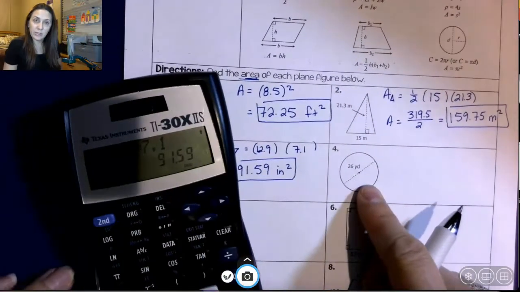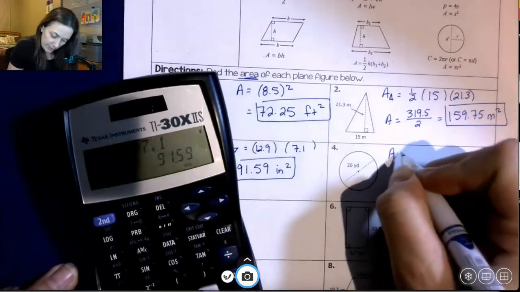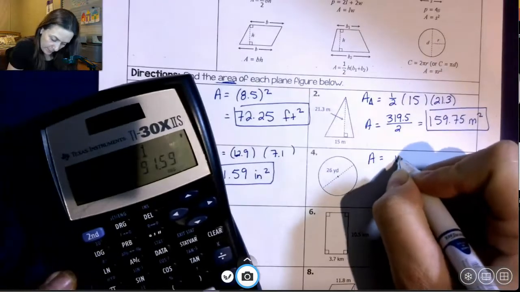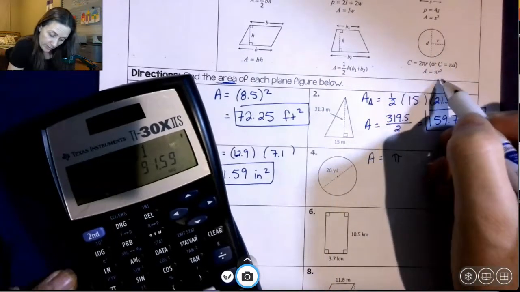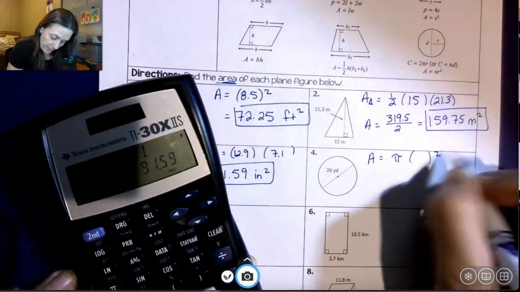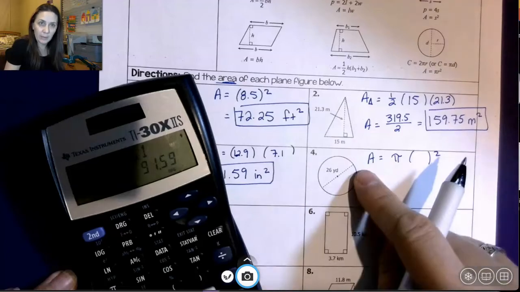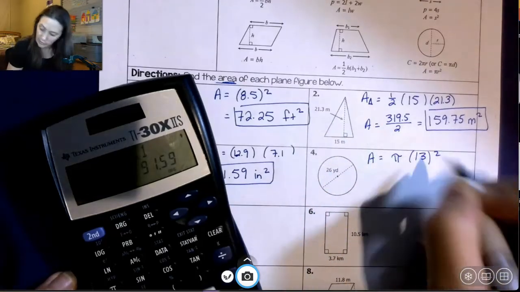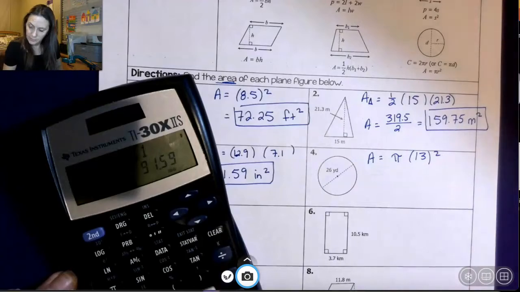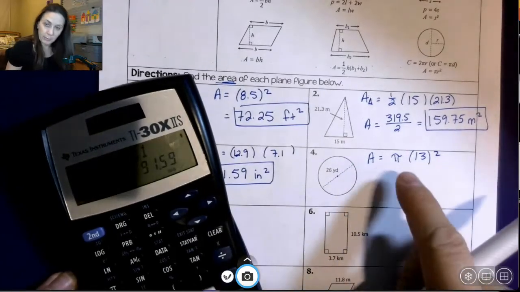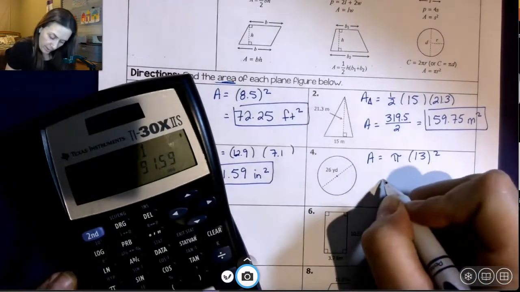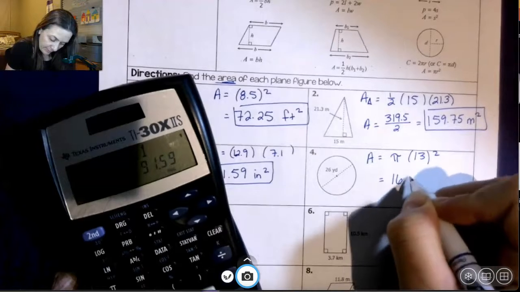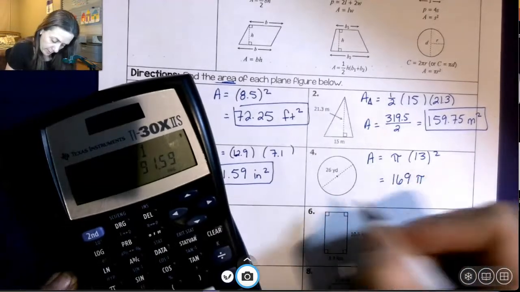Here I have a circle. Area of a circle, looking up above, is pi r squared. It's the radius squared. This, however, gives me the diameter. Remember to multiply or divide it by 2. So my radius is actually 13. For something like this, I would probably leave it in terms of pi. I would write 169 pi yards squared.